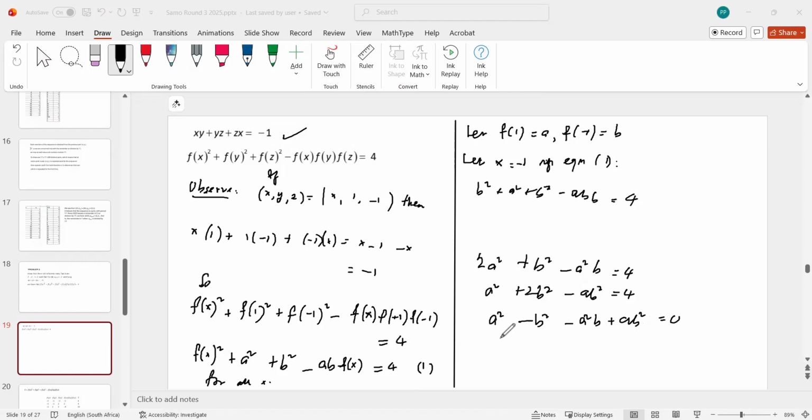Then you notice that this actually factorizes: a minus b into a plus b, and here you have plus ab, make it minus ab into a minus b equals 0. And therefore you have a minus b into a plus b minus ab equals 0. All right, so we still haven't worked out what a and b are.